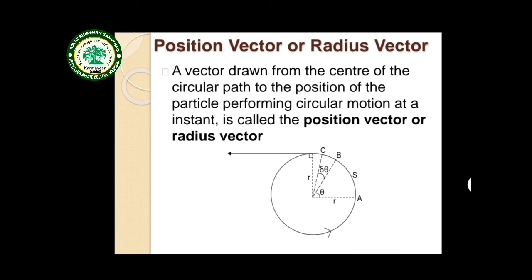Position vector or radius vector. Here is the definition. One of the primary things to start with in kinematics is to know what a position vector is, what a displacement vector is, and what the difference between them is.